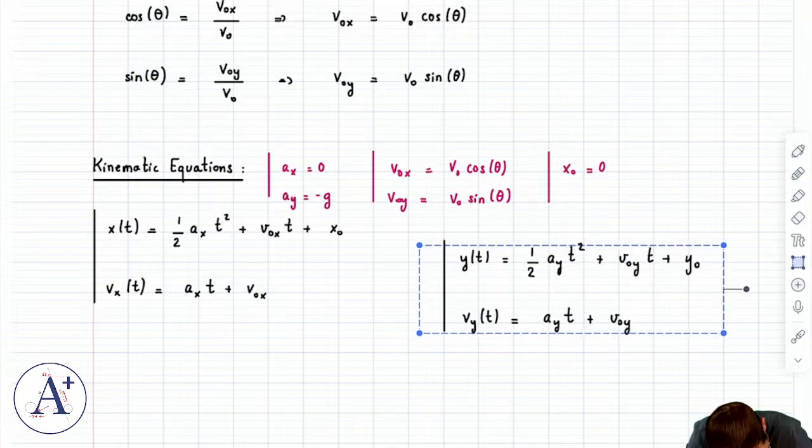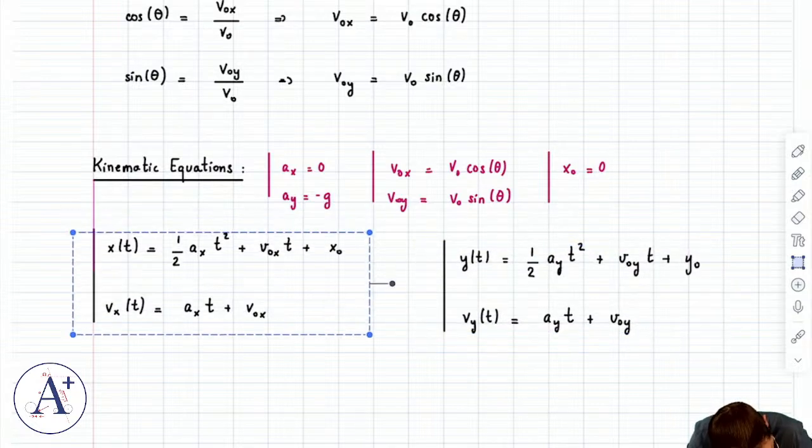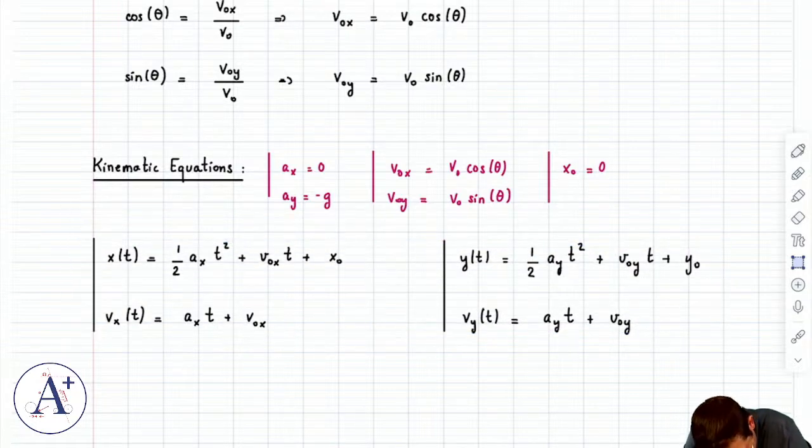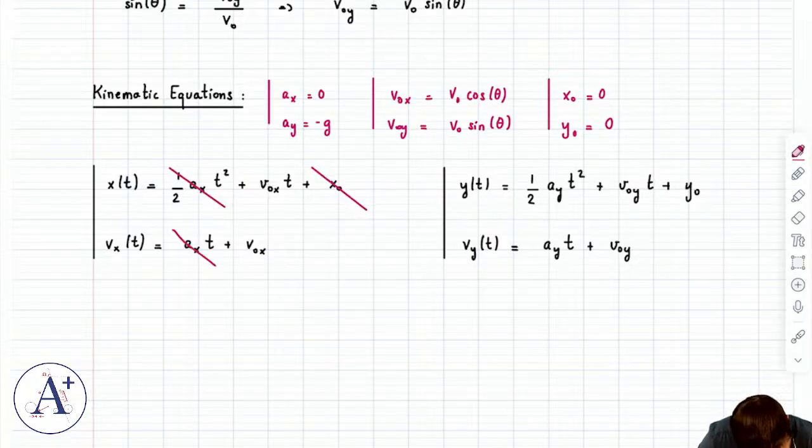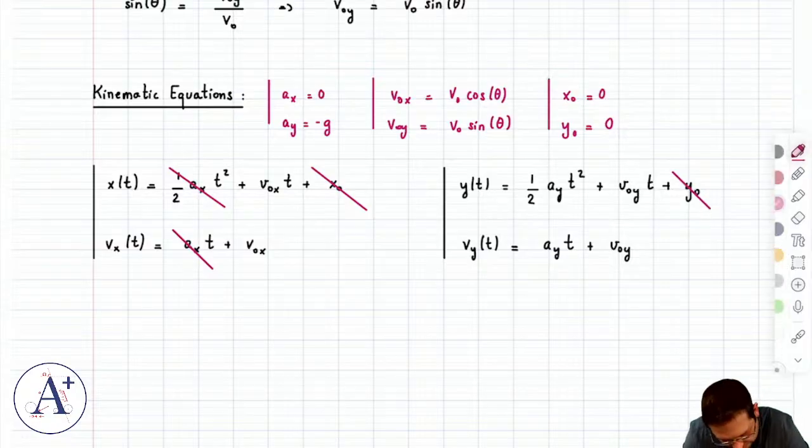Then my equations here are very easy to derive. So this is 0, and this is 0. That goes away. This is 0, and that's it.